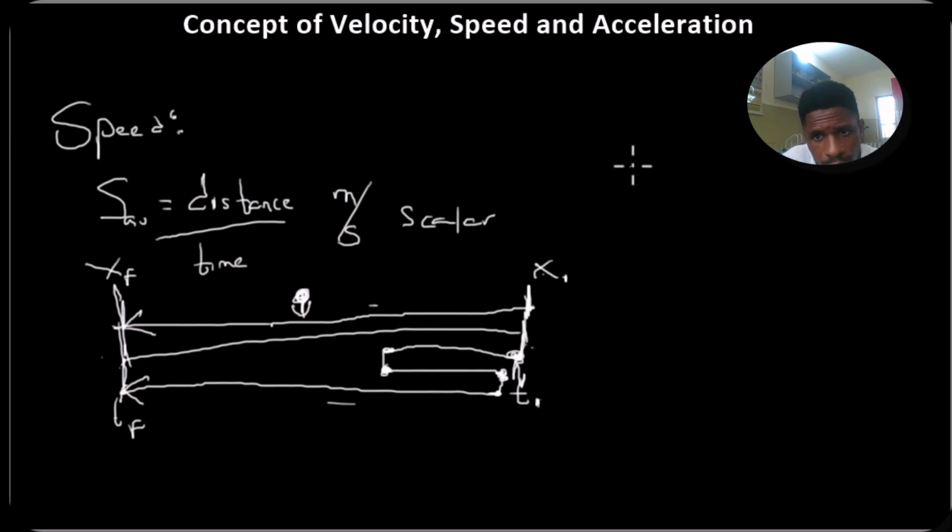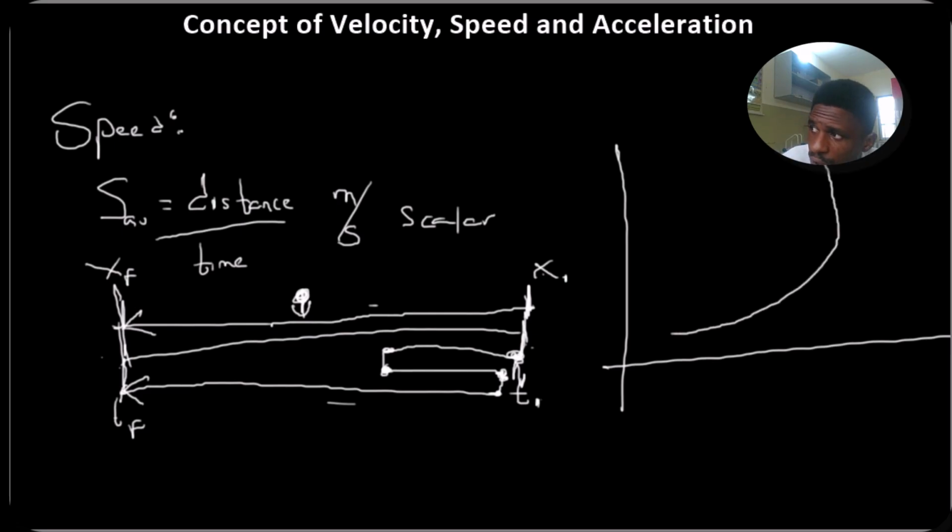All right. Now, let's assume that we have an xt graph that looks like this. Again, we have a curve here. This is my x, position in meters. This is my t, or time in seconds.